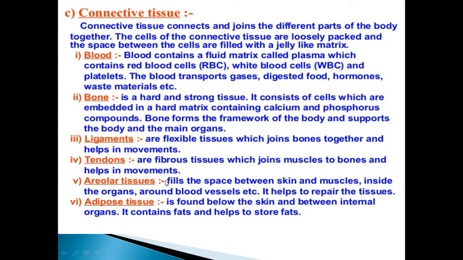Areolar tissue fills the space between skin and muscles, inside the organs, around blood vessels, etc. It helps to repair the tissues. Adipose tissue is found below the skin and between internal organs. It contains fats and helps to store fats.